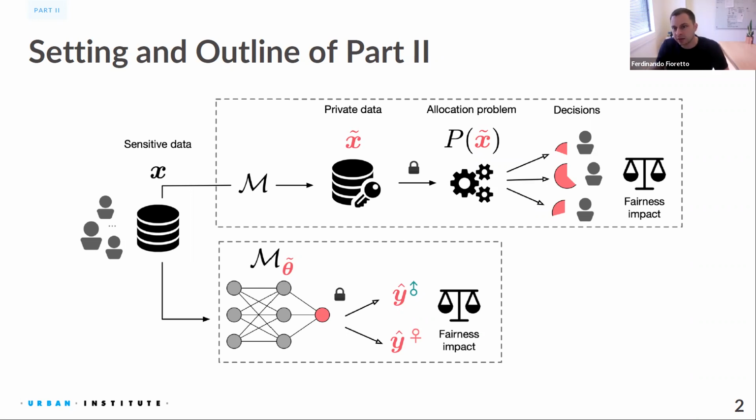And so we want to study the fairness impact of those decisions, which are run over privacy preserving data. In a similar context, we are taking this sensitive data and using it to train a machine learning model.